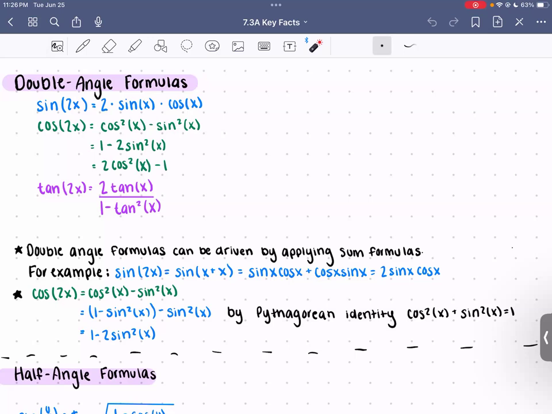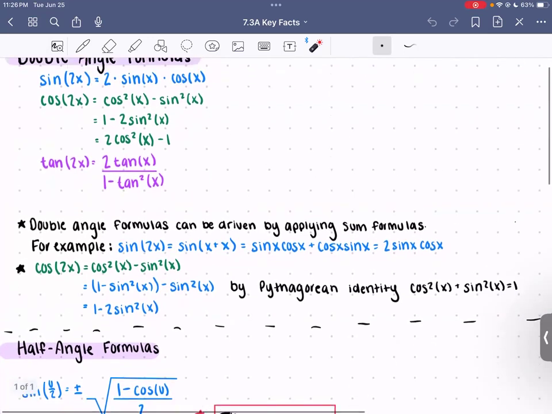Pretty simple. And then we have tangent double angle is equal to 2 tangent of x all over 1 minus tangent squared of x. This is not something you particularly need to memorize, but it does help some people with having to memorize less.